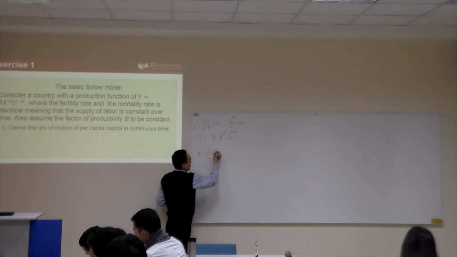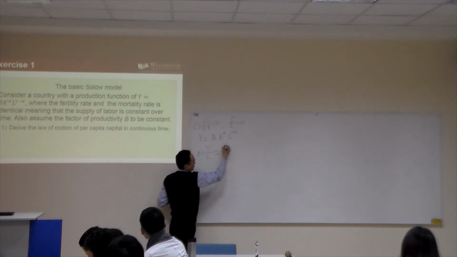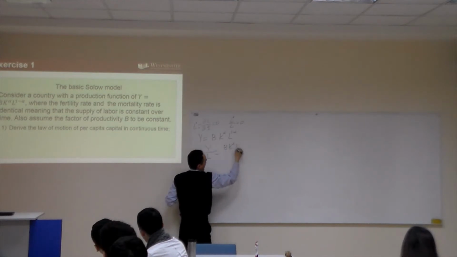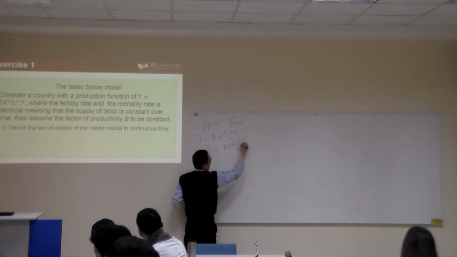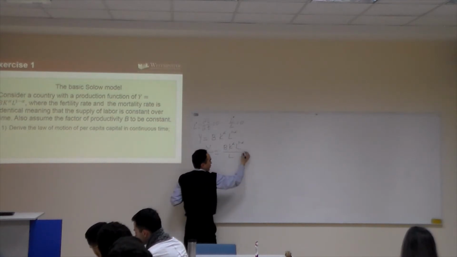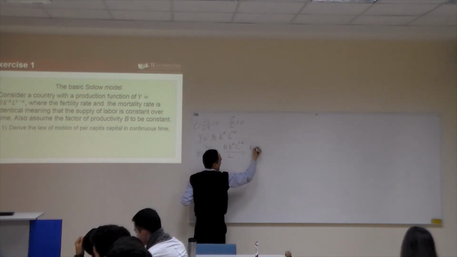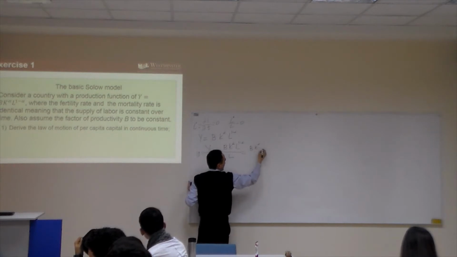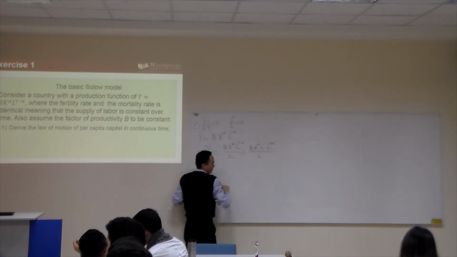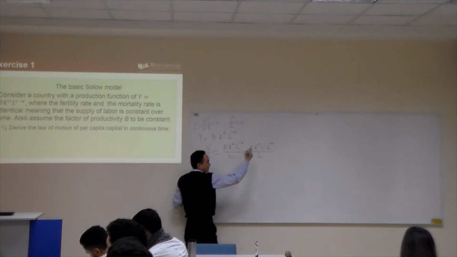And we know that total output is equal to technology times capital to the power of alpha times labor to the power of 1 minus alpha, over labor. Or you can write technology times capital to the power of alpha times labor to the power of 1 times labor to the power of minus alpha over labor.